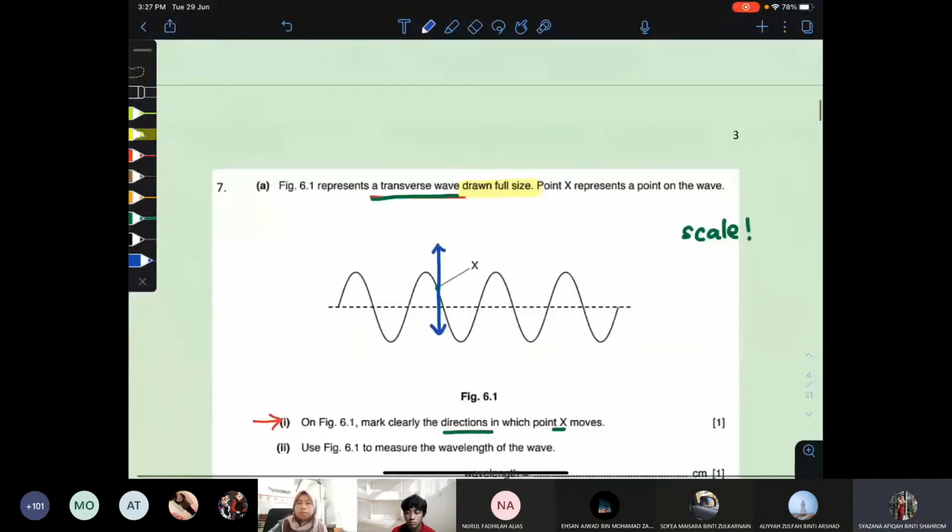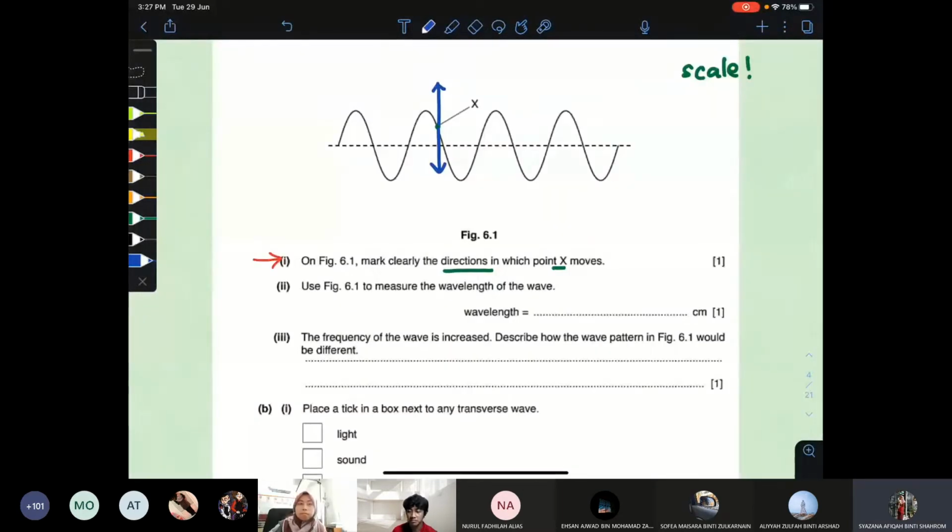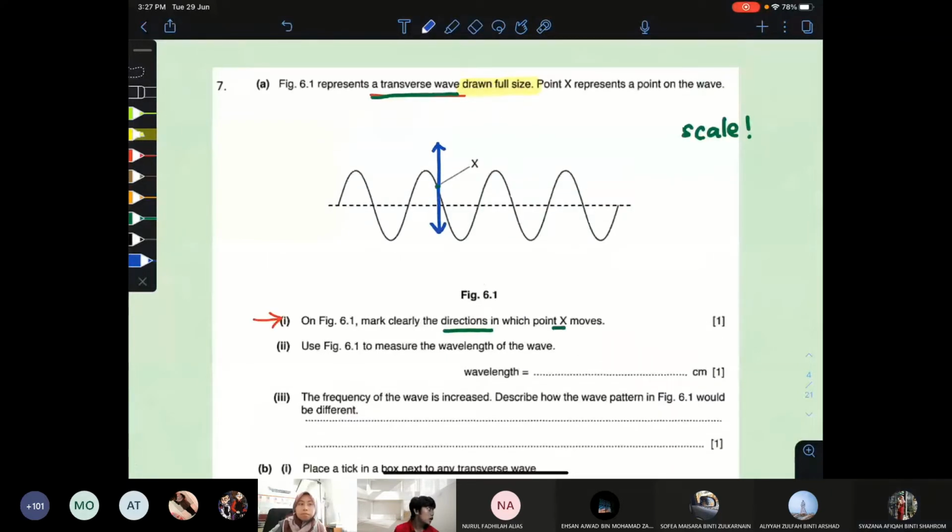Use figure 6.1 to measure the wavelength of the wave. If this is in your examination, dia dah mention kat sini, you have to measure, so you use a ruler and measure the wavelength. Tapi kat sini, what is the knowledge or concept that you need to know? You need to know what is wavelength.